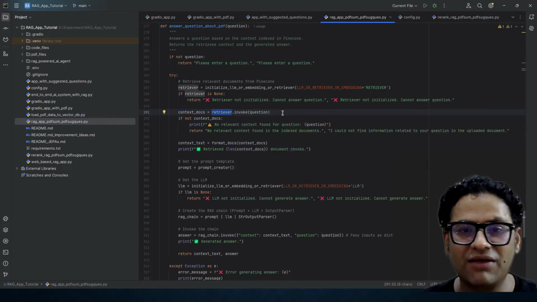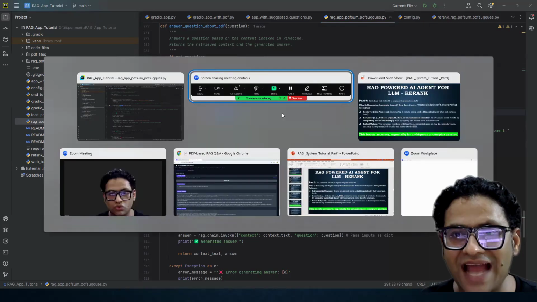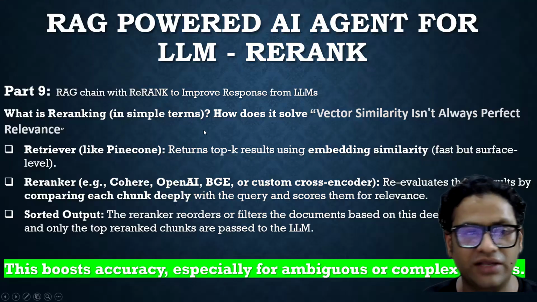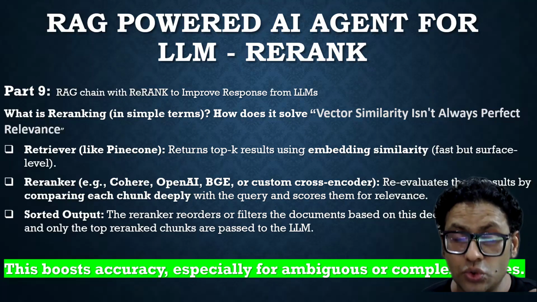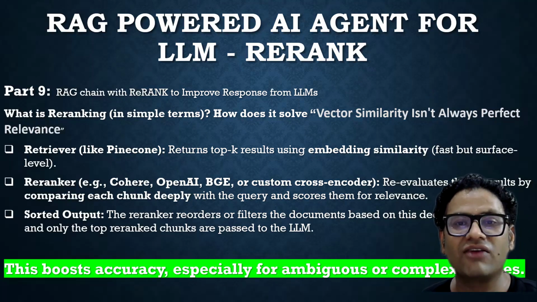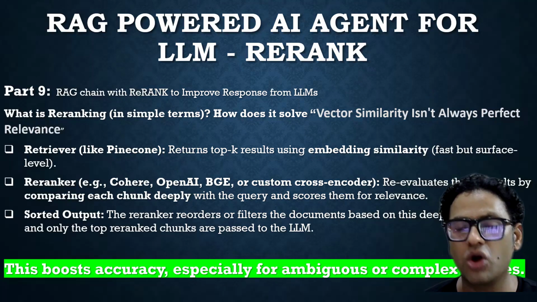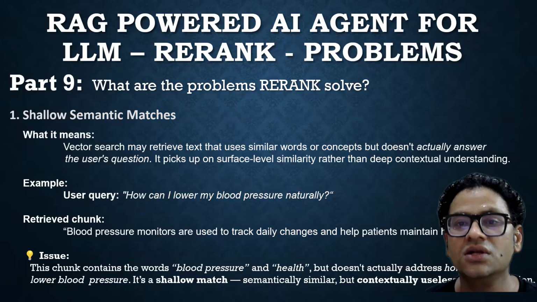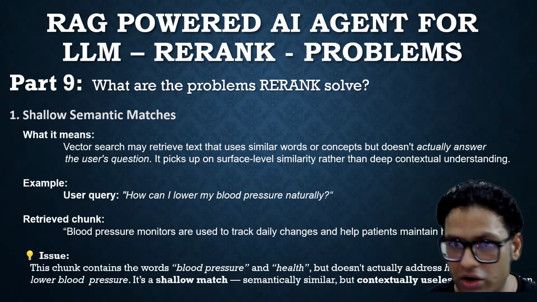It just compares the vector similarity or vector score, and that is where the problem actually arises. To help overcome this, the rerank model comes into the picture, where we use the rerank model along with the vector similarity based searches for our context, right?